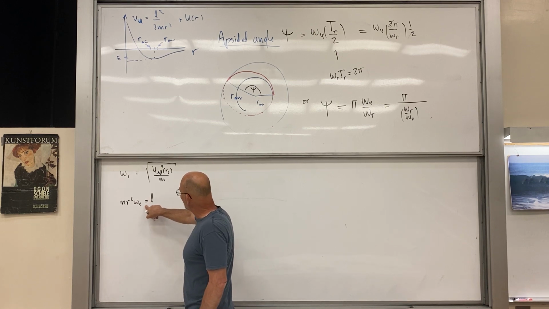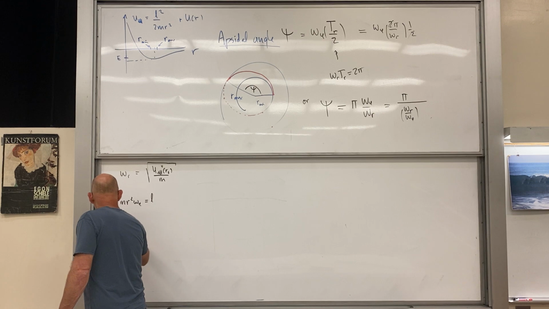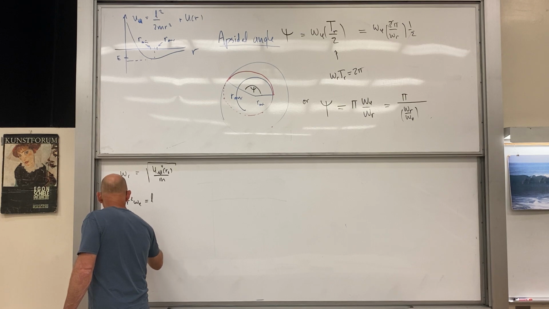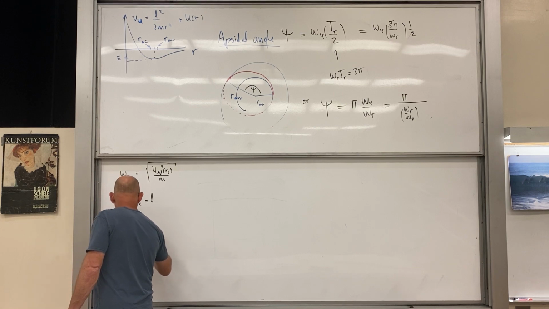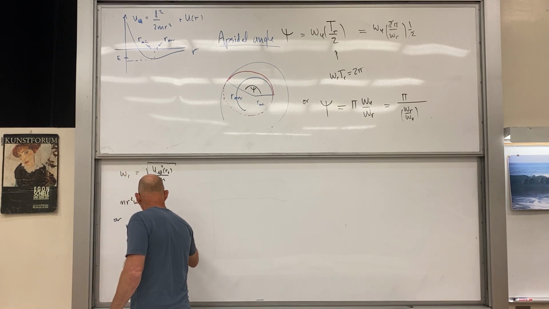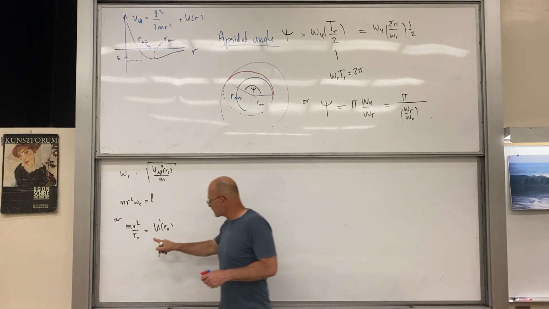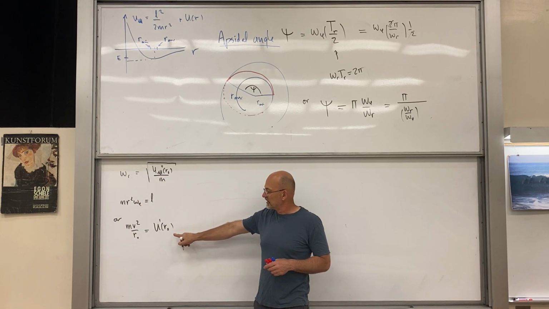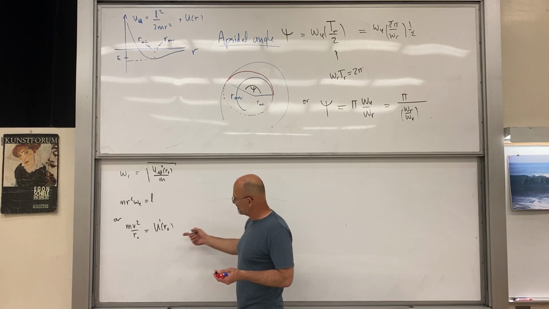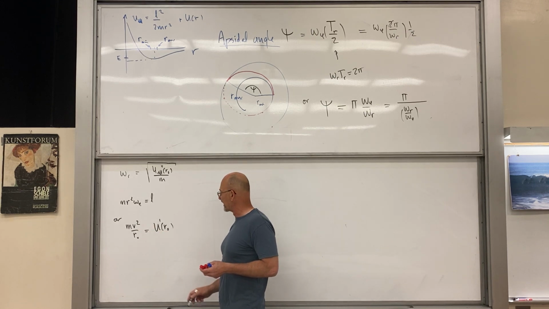Now we also had another expression there, m v squared over r is equal to u prime of r naught, as you guys remember from the circular orbit discussion, and uniform circular orbits, we know about that.